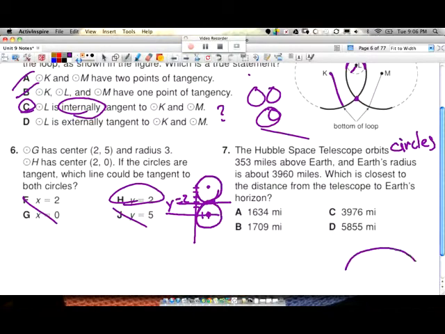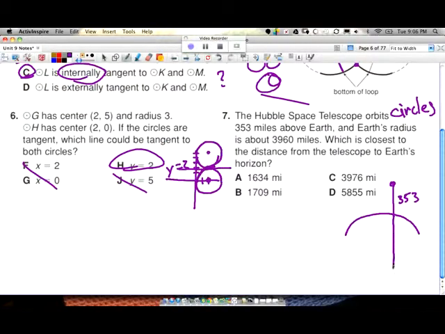So here's the Earth, and here's the telescope, and that's 353. The Earth's radius is about 3,960. So if we keep going down into the radius, it's 3,960, which is closest to the distance from the telescope to the Earth's horizon.